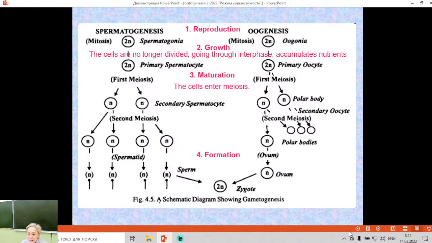So, during spermatogenesis, during the stage of maturation, one primary spermatocyte divides into 4 daughter cells. These cells are called spermatids. You can see two names of cells on this stage, you must remember: secondary spermatocytes after first meiosis and spermatids after second meiosis.